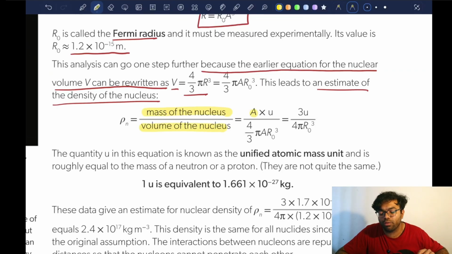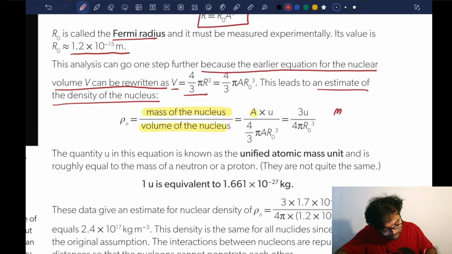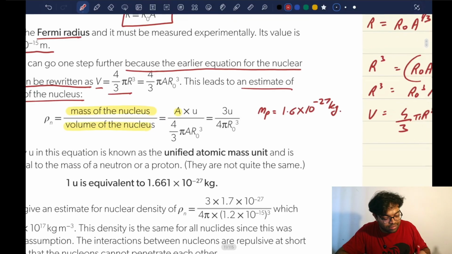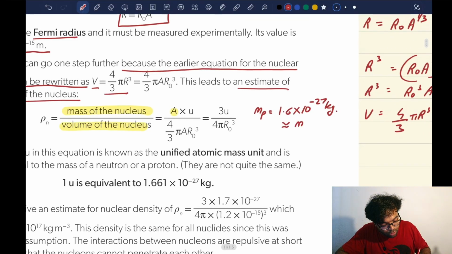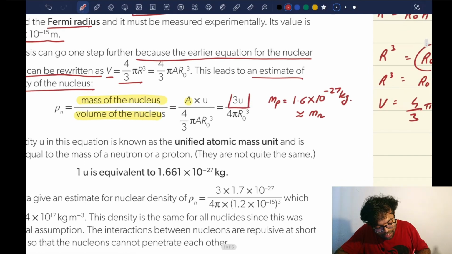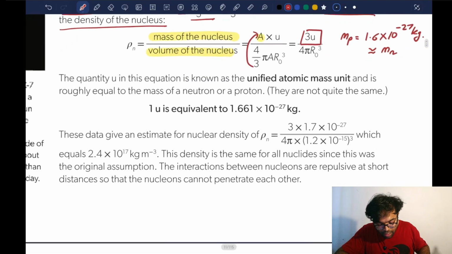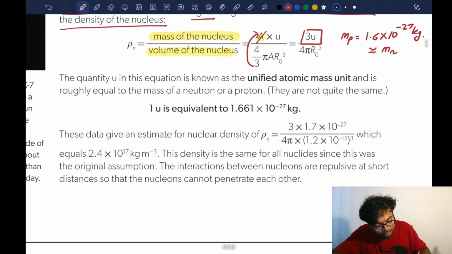What is the mass of a proton, Akshay? 1.6 into 10 to the power minus 27 kg, and this is similar to the mass of a neutron also. Mass of a proton and mass of a neutron are very much similar. So I can write density as 3u upon 4 pi r naught cubed. Thus 3 has gone upwards, and now the A has been cut off.